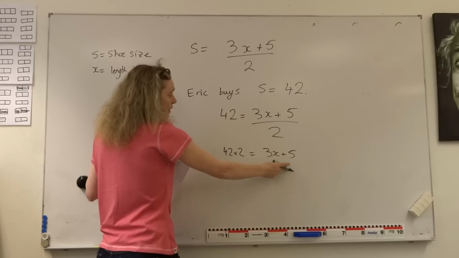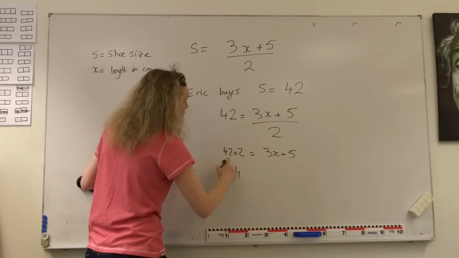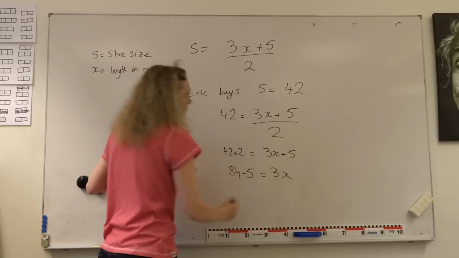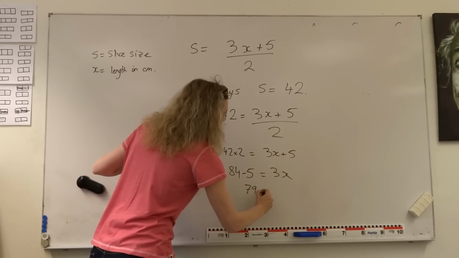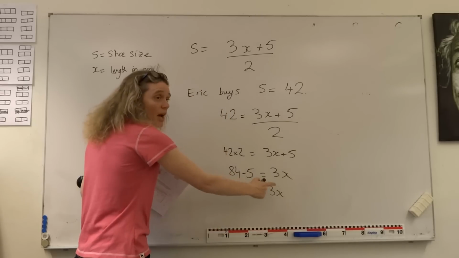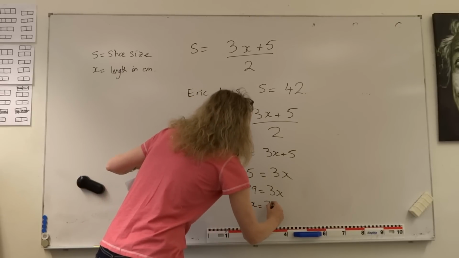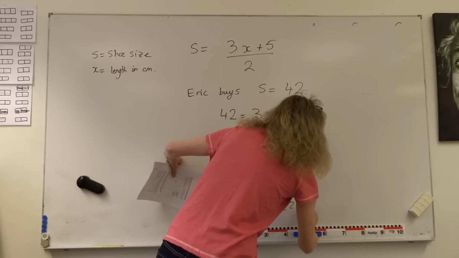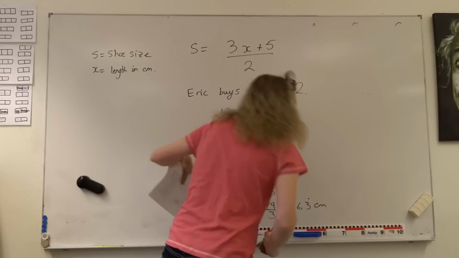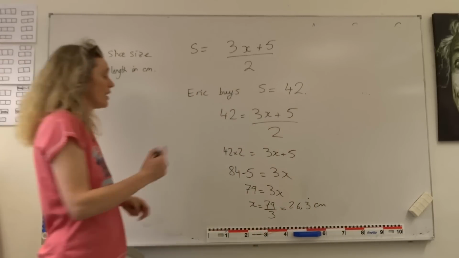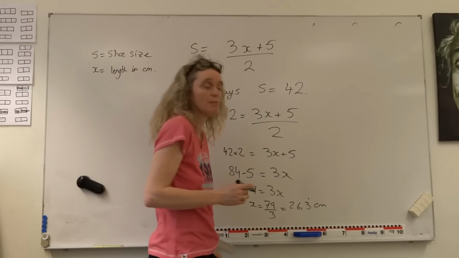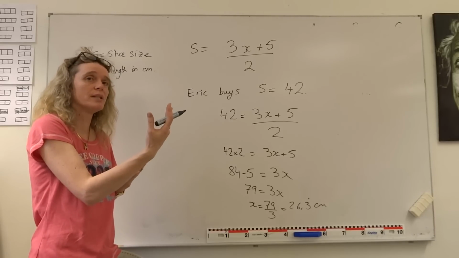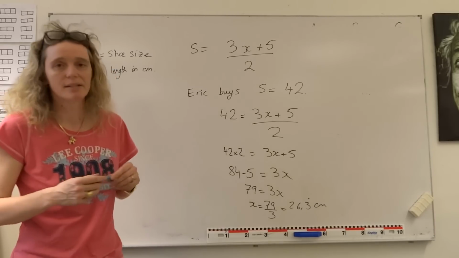Move the plus 5 to the other side, so you get the 84, because 42 times 2 is 84, minus 5 is 3 lots of x. We now know that 79 is 3x. So if 79 is 3x, x is 79 divided by 3, which is 26.3 recurring centimeters. So you should say that the answer, that Eric's foot is around 26 centimeters, or anywhere between 26 and 26.5, but not rounding up to 27. We'll give you the correct answer there.